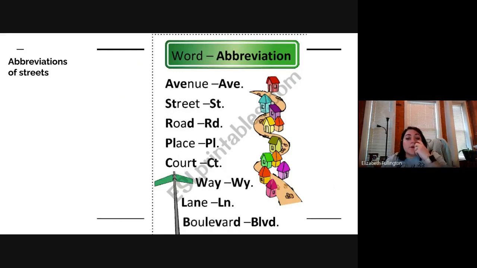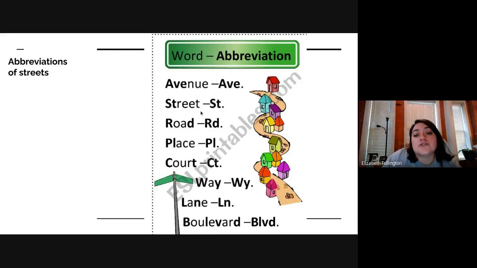And so to shorten these, you can tell how they bolded the words. So like avenue, they took the first 3 letters and they put capital A, V, and lowercase v and E and a period. So we don't have to write the entire word avenue. You can just write Ave., and that will tell me that it's avenue.